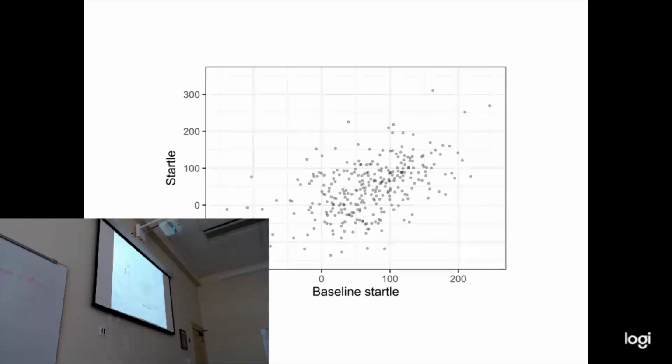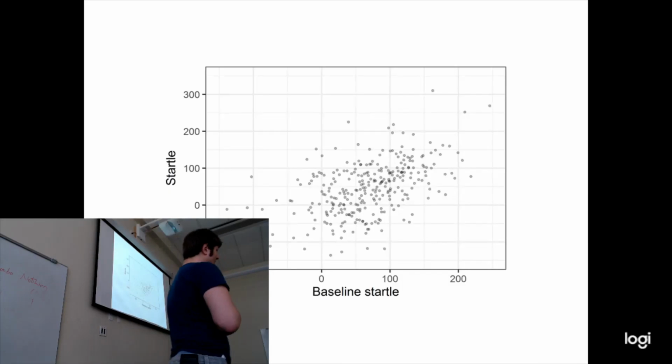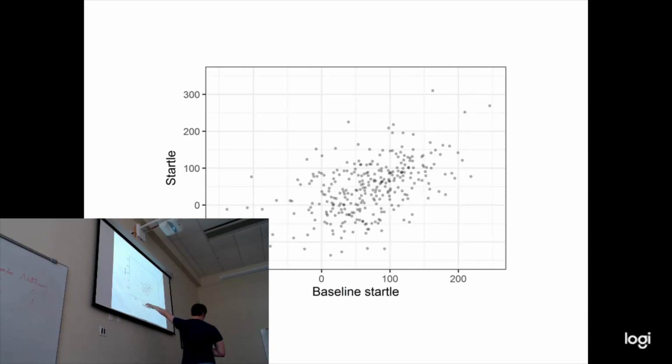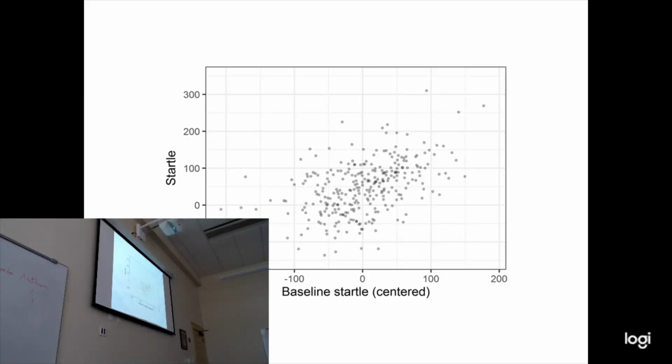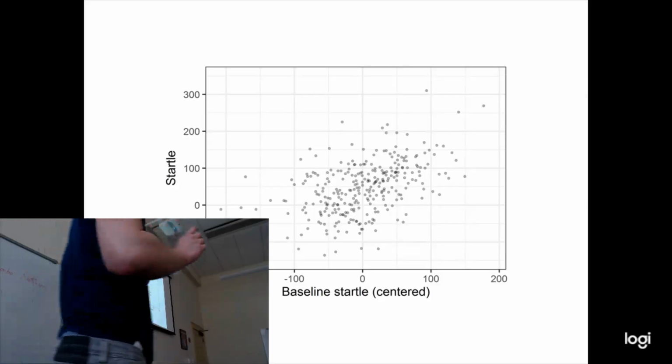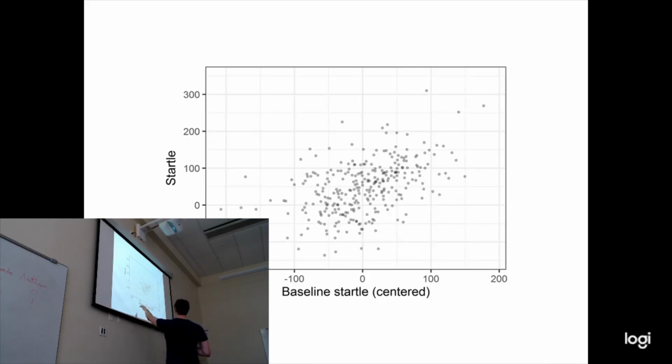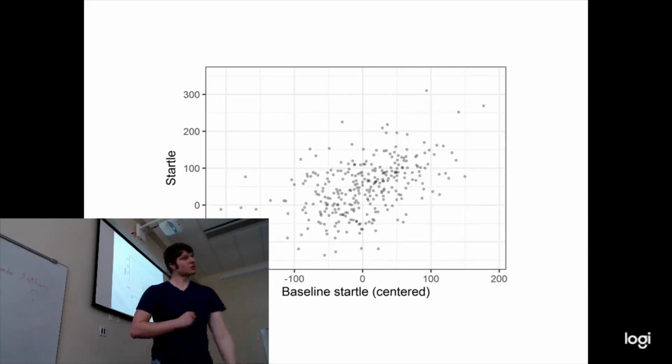There's one last graph that we went through when I introduced these additive models. And that's a graph that has my covariate on the x-axis instead of C1 or C2. I'm just showing you that I'm centering baseline startle, but notice the points are all the same. I just changed the axis.